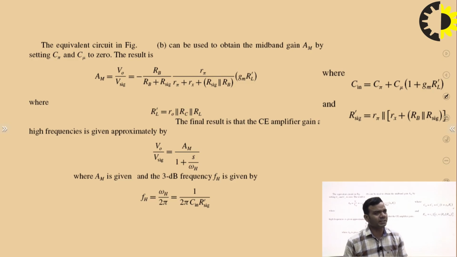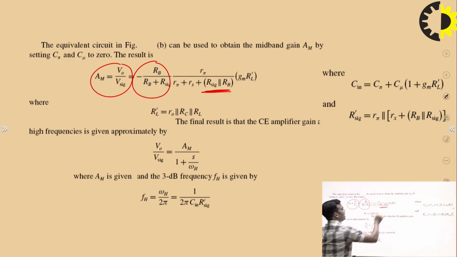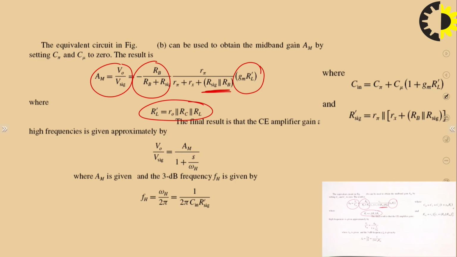So, you can easily write AM is equal to V naught upon V signal, which will be equal to minus RB upon RB plus R signal multiplied by R pi upon R pi plus Rx plus R signal in parallel with RB, multiplied by GM RL dash. And you know it very well that RL dash is equal to R naught in parallel with RC in parallel with RL.